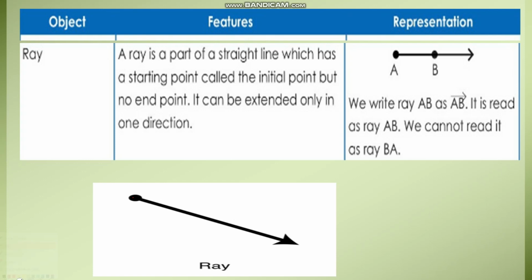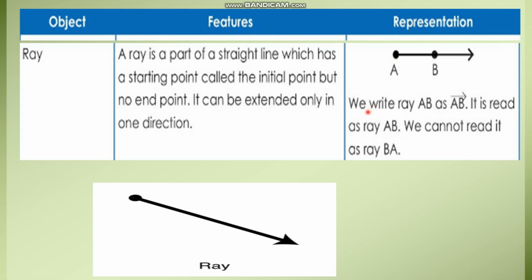So what is a ray? Yes, a ray is a part of a straight line which has a starting point called the initial point but no end point. It can be extended only in one direction. Got it? And how can we represent the ray?